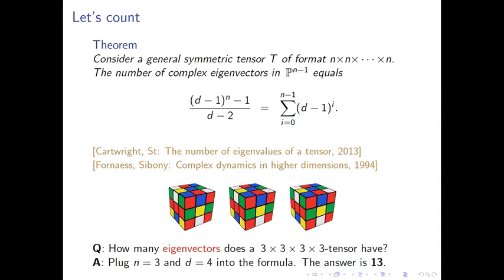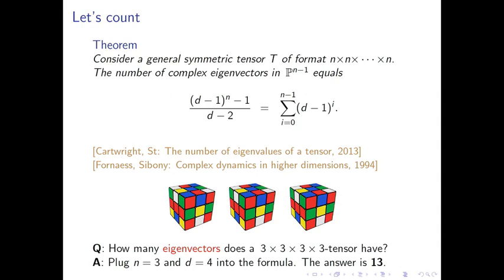Now let's first make sure that this agrees with what we know for matrices, the case d equals 2. We plug in d equals 2, then this is 1 plus 1 plus 1 plus 1, which is n. So indeed, a symmetric n by n matrix has n eigenvectors, and this is the formula in general.